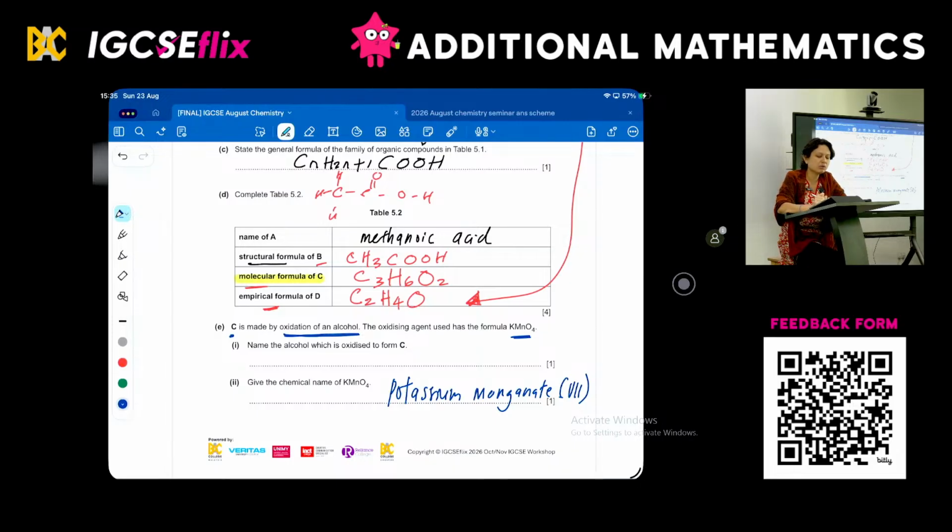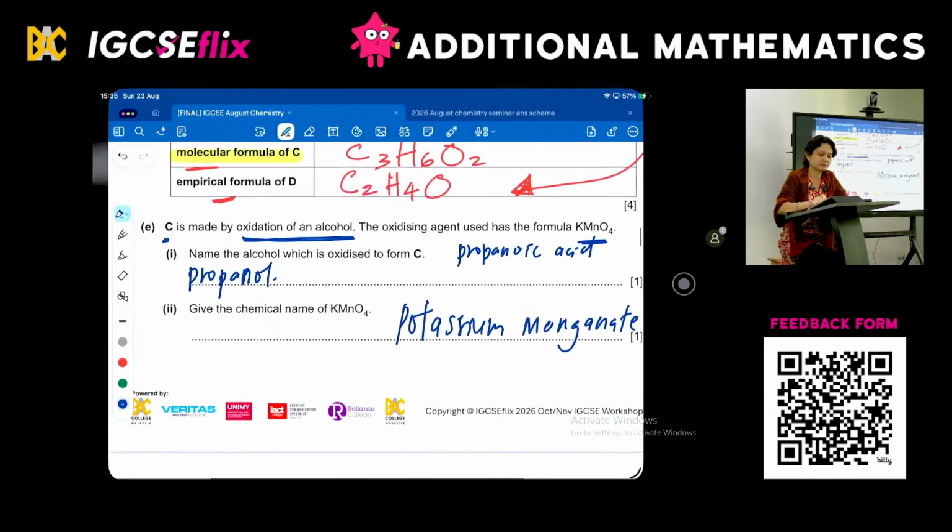Name the alcohol which is oxidized to C. C is propanoic acid, right? So logic will tell you this is propanol. I have very bad news for you. If you write propanol, your answer is wrong. Why? Because ethanol, okay, wait, I'll draw for you to explain.